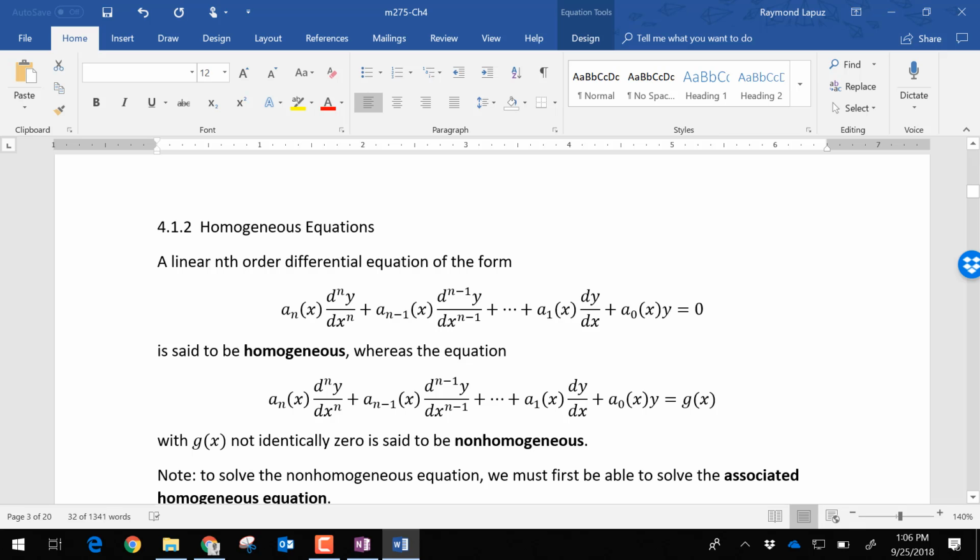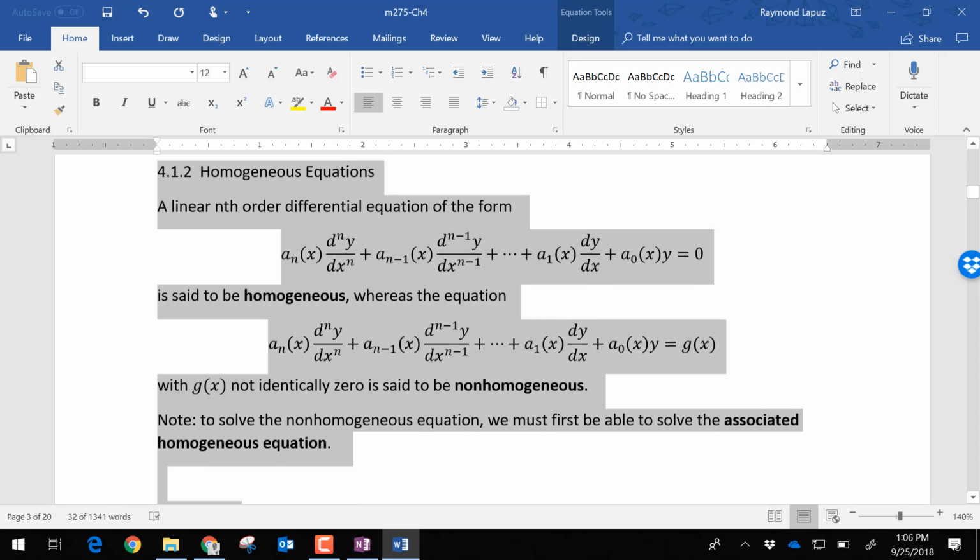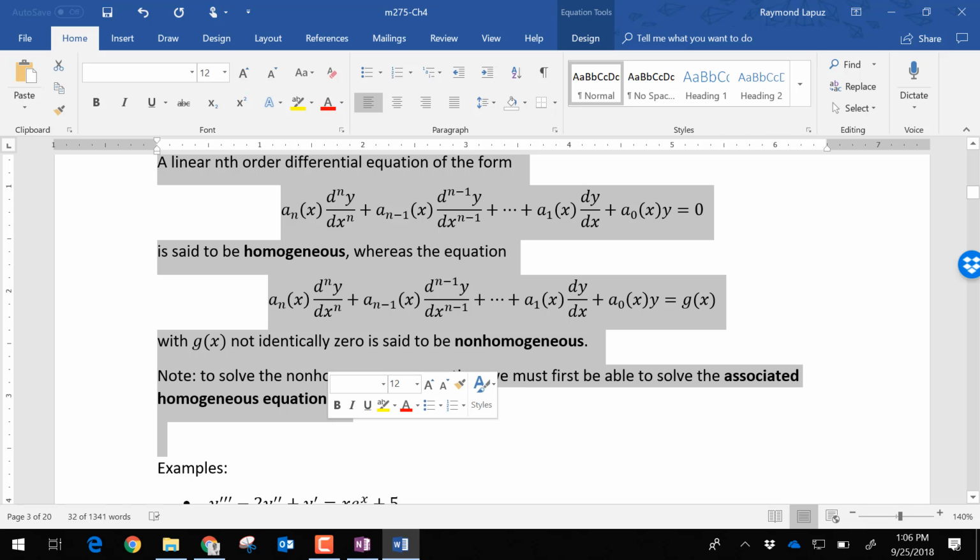Now, I think we define homogeneous by substituting t times x and t times y or something like that. That was an unfortunate use of the word homogeneous, because homogeneous in most other cases means that something is equal to 0.